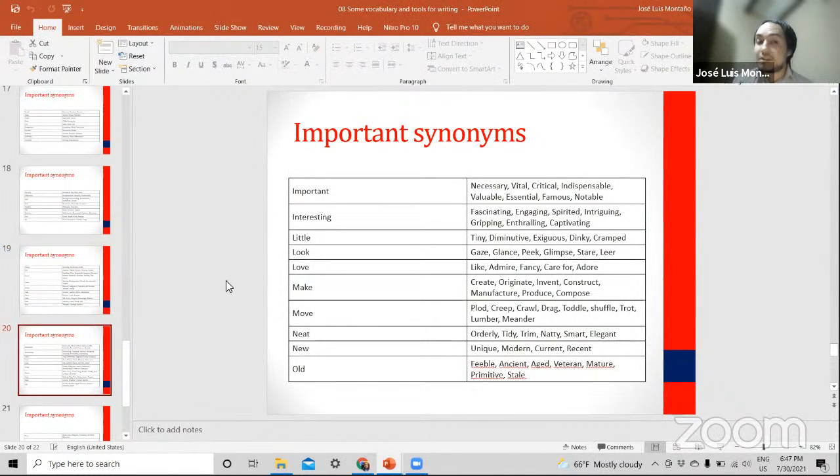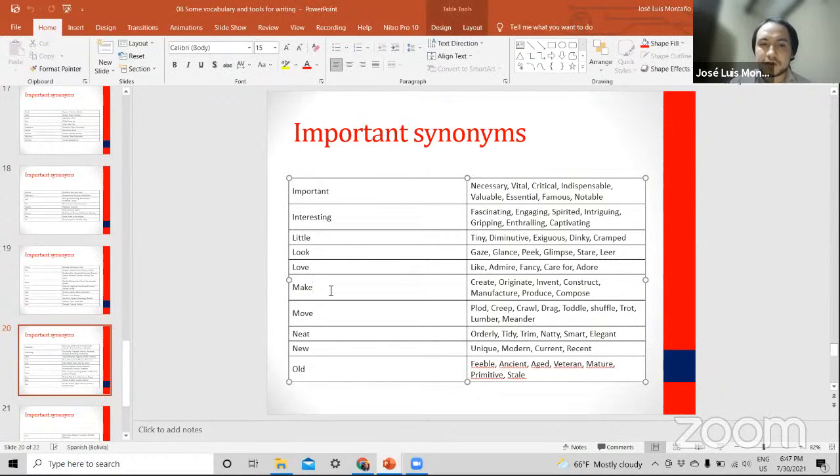Then we have important and interesting. We also use these two words a lot. Make is also used a lot, not as much as get, have and do. And these two, new and old, are interesting. So important: necessary in the sense of very important, vital, critical, indispensable, valuable, essential. Famous: notable.